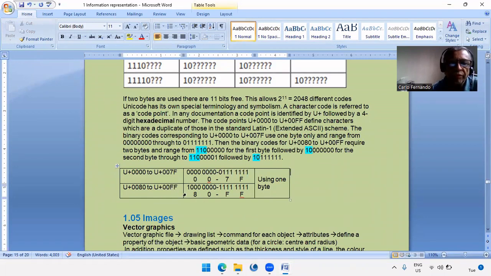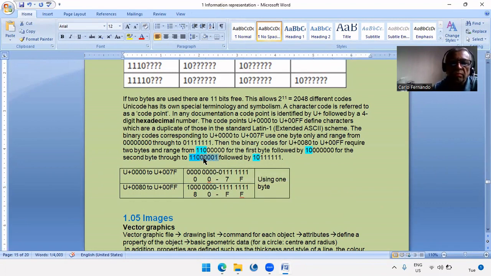U+0080 to U+00FF. This is 11111111, that is F. The 0111 is 7 and this is F. And here 1111 is F and here also F. And starting from 80, this is 8, and this is 0. That's a kind of summary. This is 8, and 8 and 0 to 8 and F.